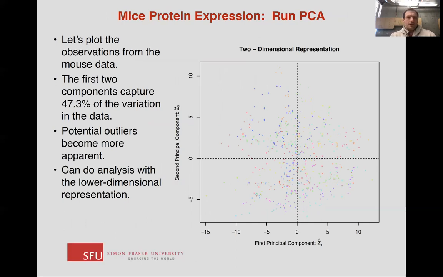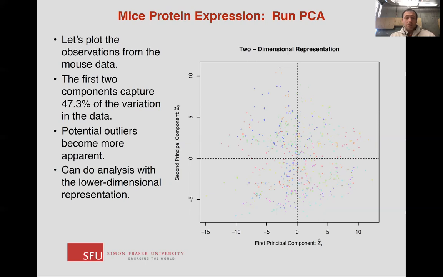I want to plot the observations from the mouse data, and here in this plot I have the first two principal components. So this is my z hat 1 and z hat 2. z hat 1 is the component associated with the largest eigenvalue, and z hat 2 is the component associated with the second largest eigenvalue.